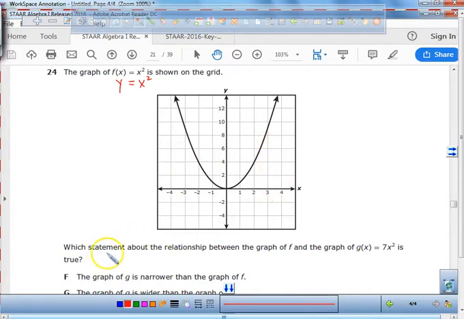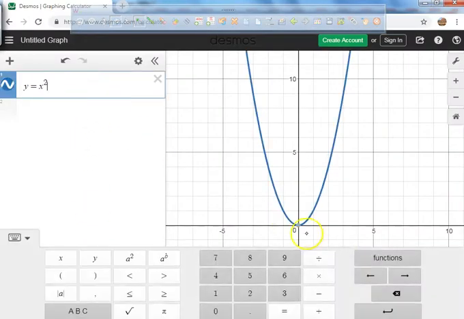Now then, it says which statement about the relationship between graph f and the graph? Ooh, we have a new graph. It says g of x. Now, if that says g of x, that's also the same as saying y equals. So how about this? Why don't you put y equals 7x squared? Okay. So right here, press enter.